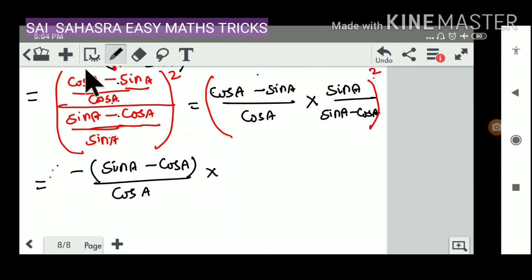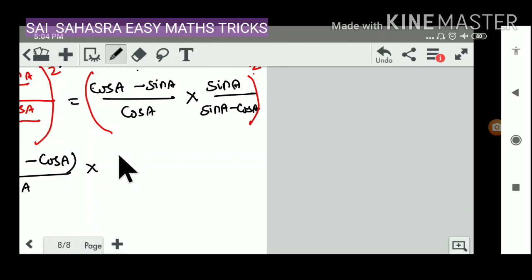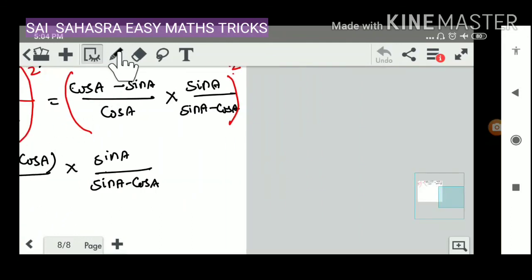In the second fraction we are not making any change: sin A divided by sin A minus cos A, and overall square is there.